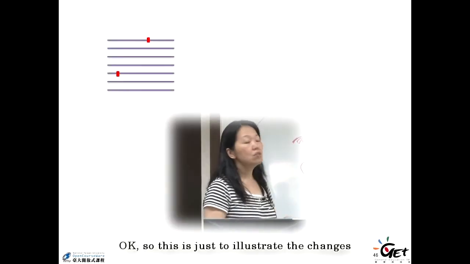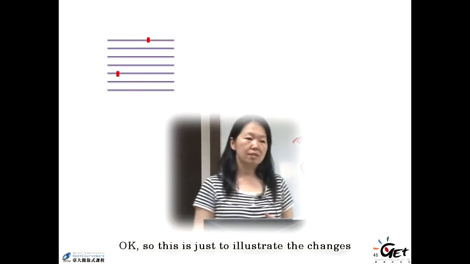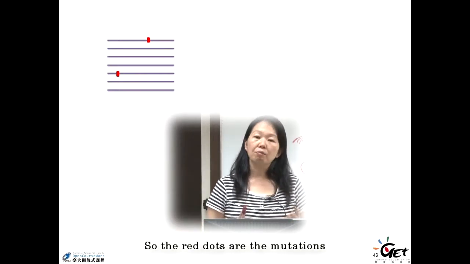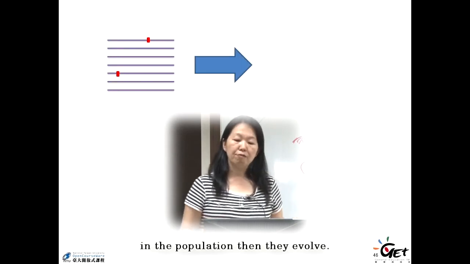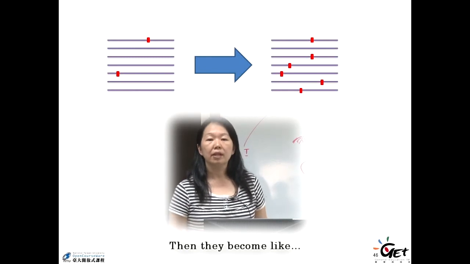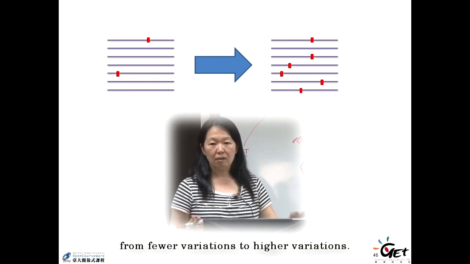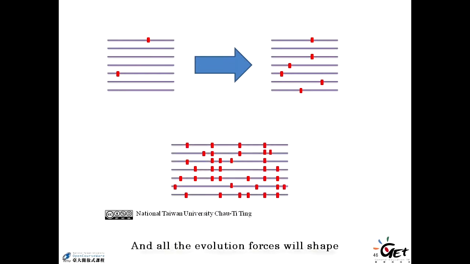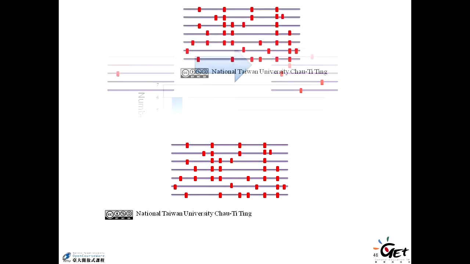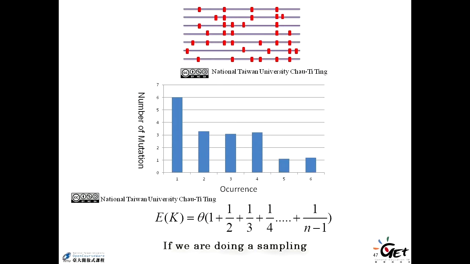Okay, so this is just to illustrate the changes in the population. The red dots are the mutations in the population, then they evolve, then they go from fewer variations to higher variation. And all the evolutionary forces will shape the polymorphism level in the population. If we are doing a sampling of this and using the occurrence, so this is the idea.